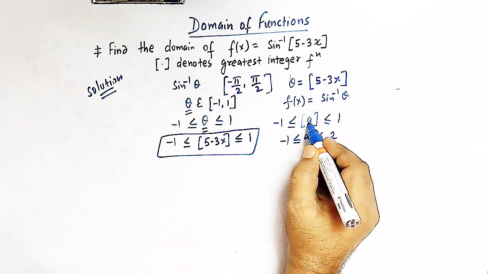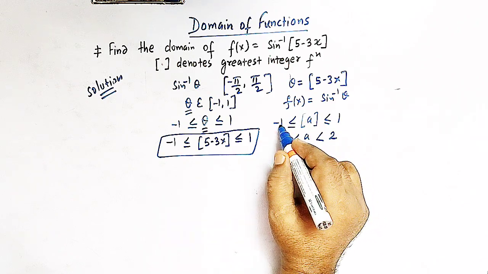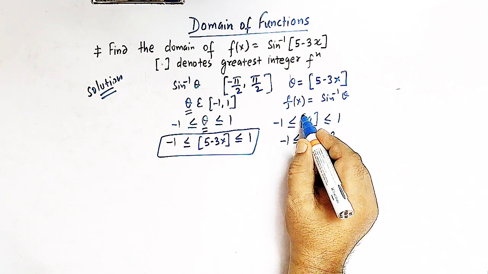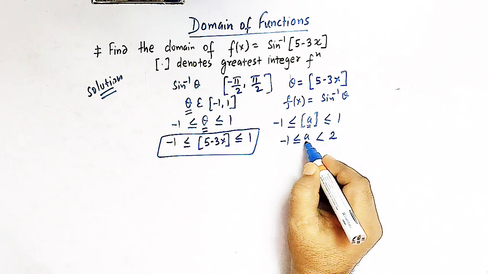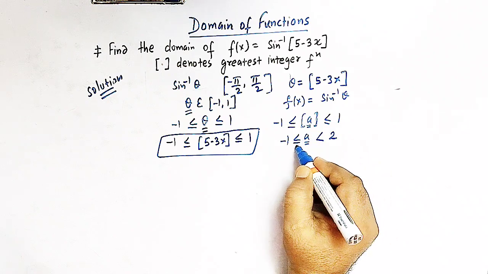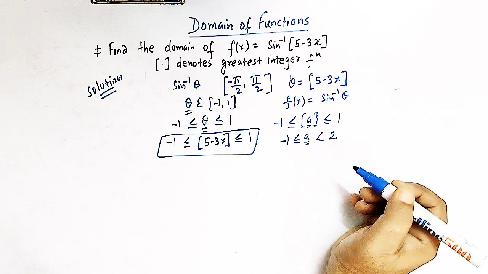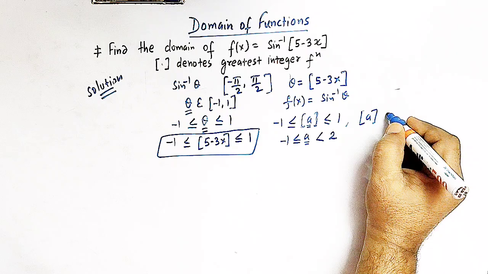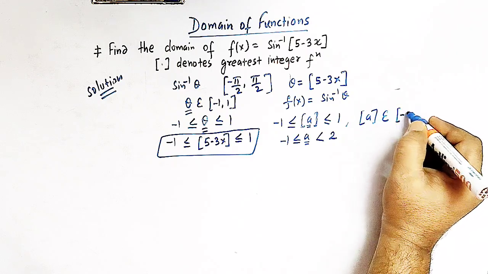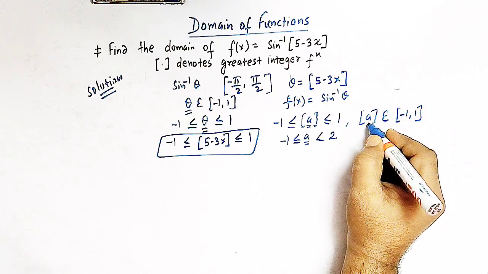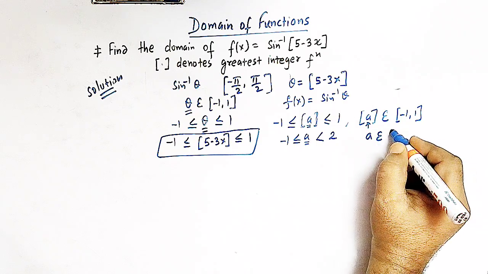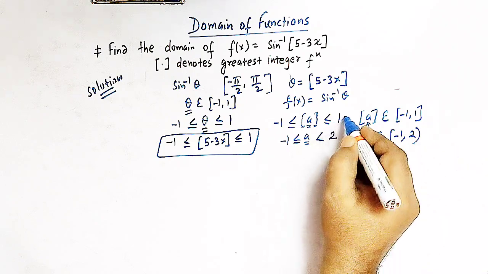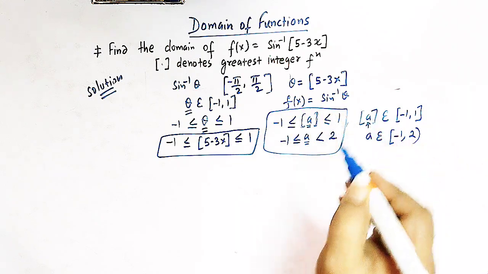So this a, which is inside the greatest integer function symbol, is greater than or equal to minus 1 but less than 2. Or in other words, if greatest integer of a belongs to the interval minus 1 to 1, then a belongs to the interval minus 1 to 2, right? So here I will make use of this important result.